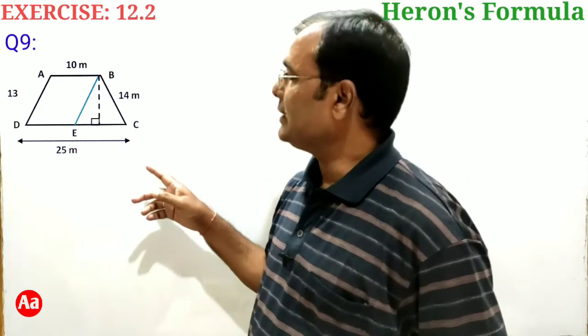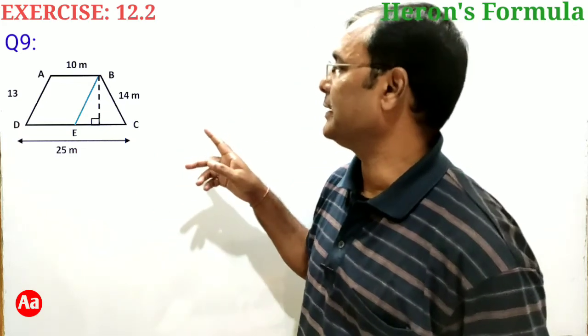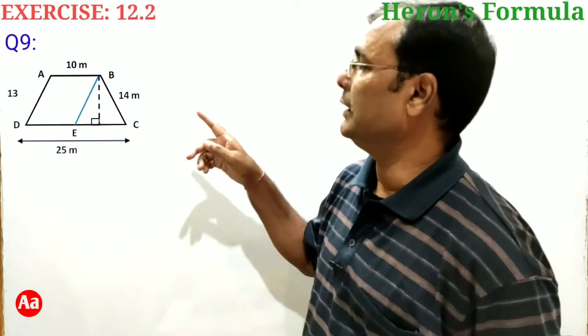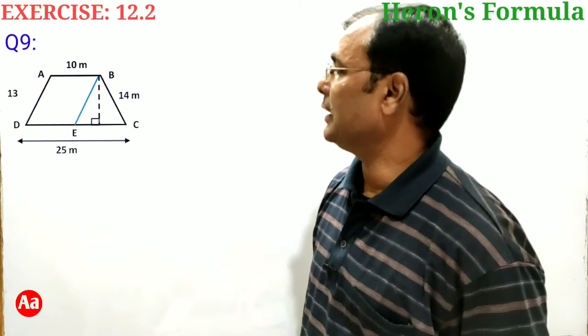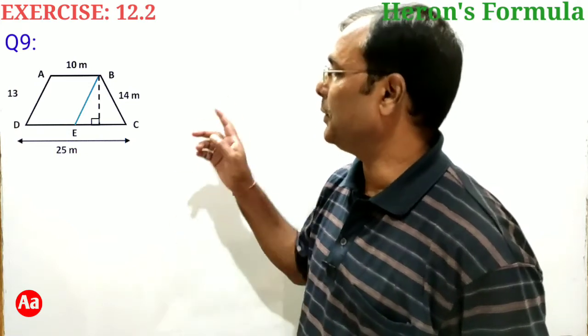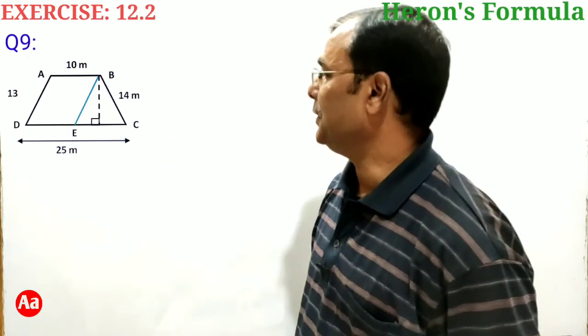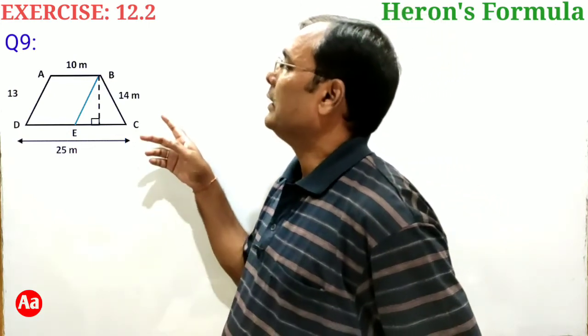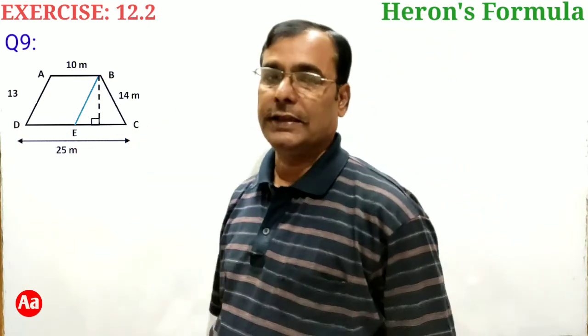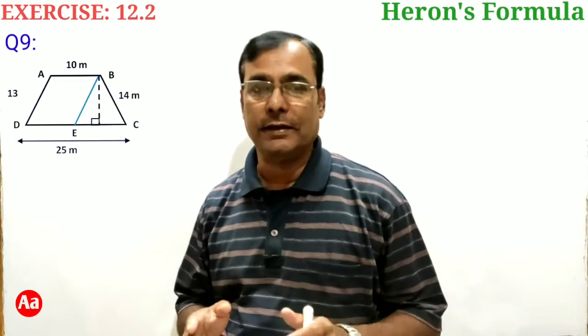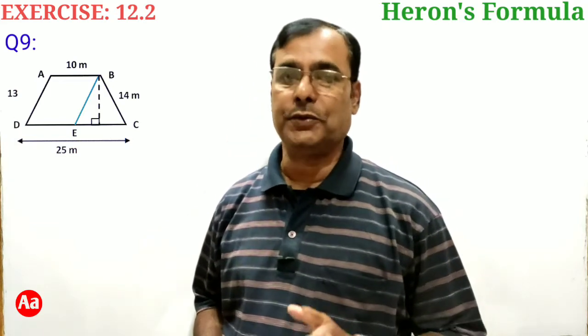AB and DC are parallel sides of the trapezium shaped field whose lengths are given 10 meter and 25 meter. Non-parallel sides AD and BC are also given 14 meter and 13 meter. We have to find the area of this trapezium shaped field.